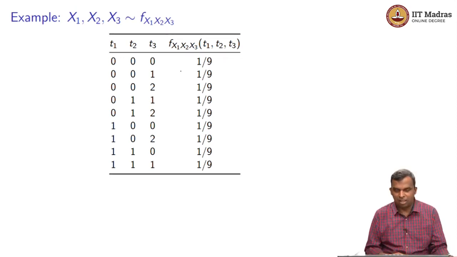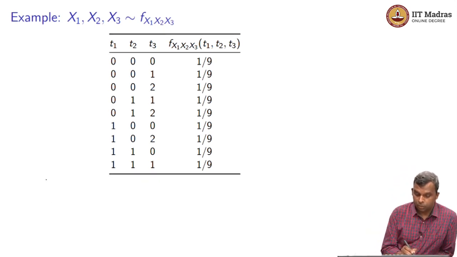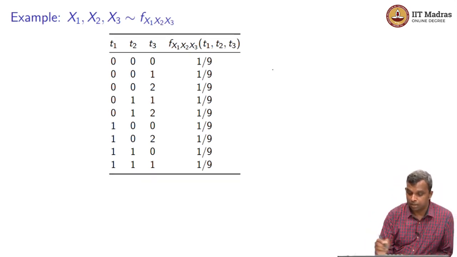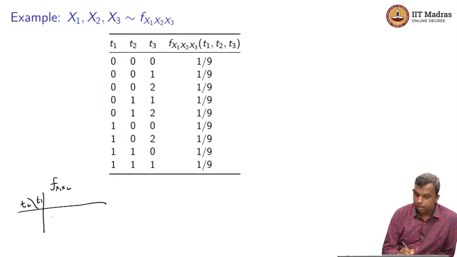Here's an example, simple enough that I can do this for you. Let's first marginalize to get f x1, x2. T1 takes values 0, 1, and t2 takes values 0, 1. If you want f x1, x2 of 0, 0, what will this be?